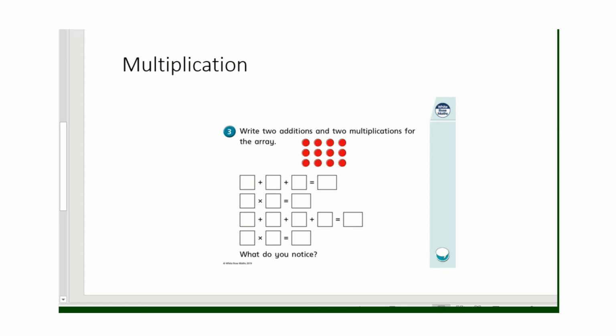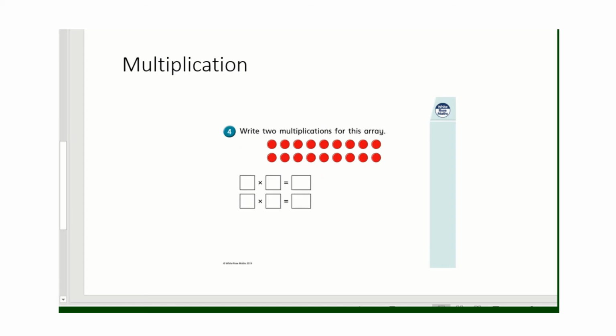You could write 3 times 4, but then if you did it the other way, going down, it would be 3 and 3 and 3 and 3, and that would still make 12, and there'd be 4 times 3. It's 3 times 4, 4 times 3. We call that the inverse, don't we? It's the inverse, just like subtraction and multiplication.